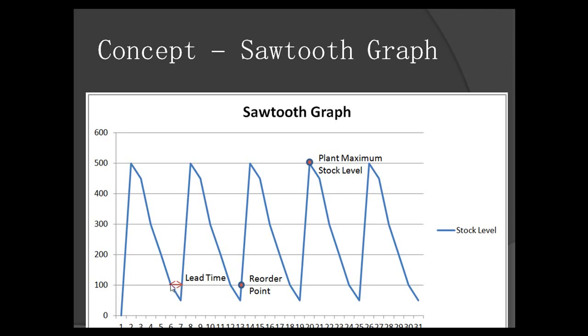And I have to guarantee that you have enough quantity to work the following days until I receive my goods. So it happens on this day, and your stock level reaches again the plant maximum stock level. In this case, 500, and life goes on. So it is a routine.